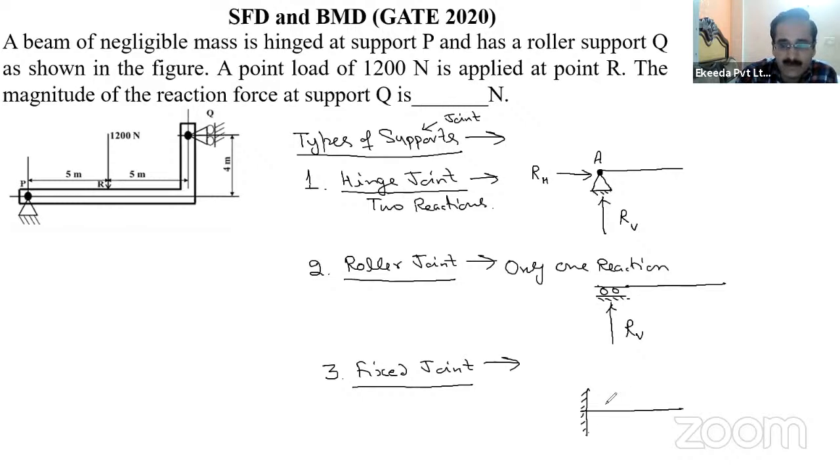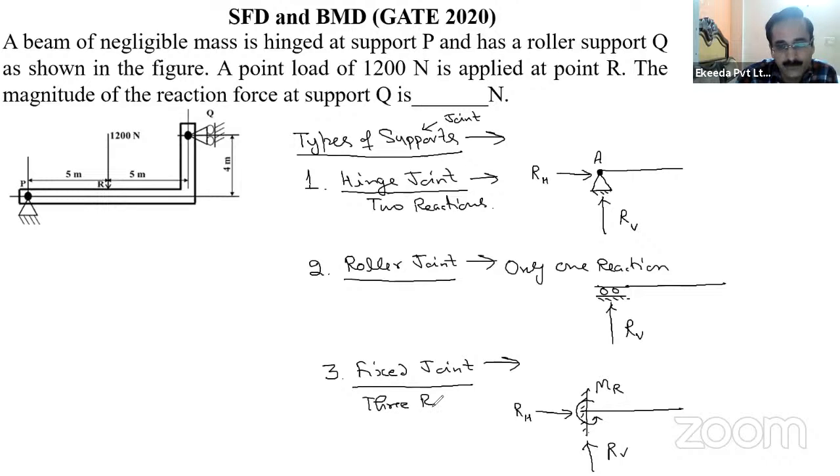In this case, it is not allowing the rotation of the body, nor the horizontal movement of the beam, nor the vertical movement of the beam. It means there is a vertical reaction, a horizontal reaction, as well as a moment reaction against clockwise or anti-clockwise rotation. So three reactions are there.